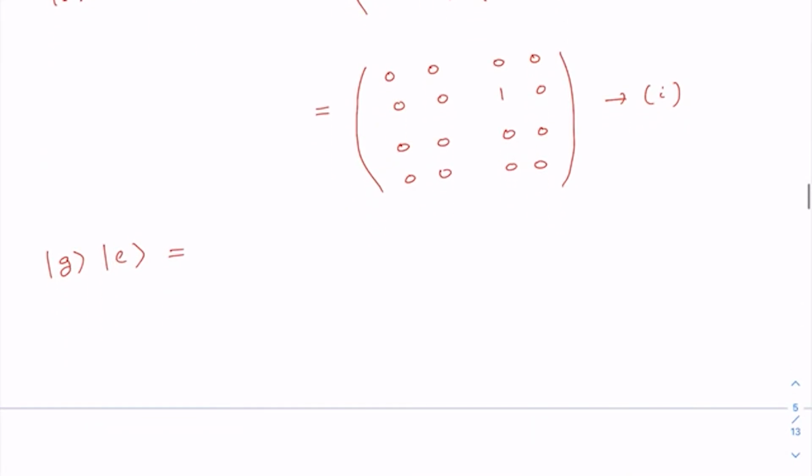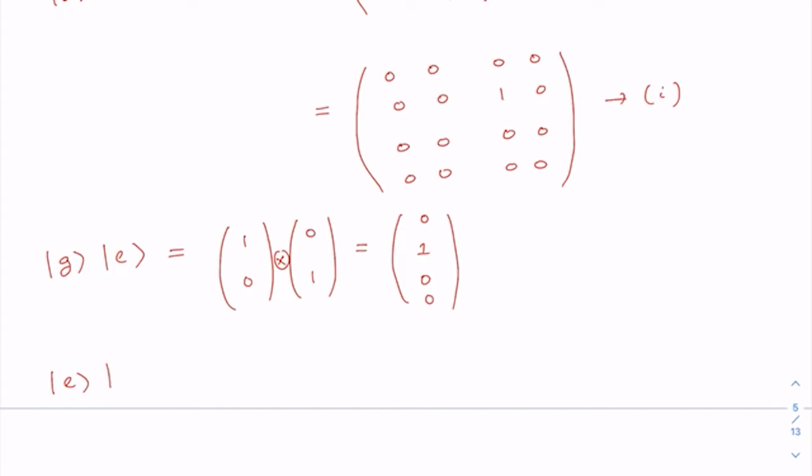Ket z ket e would be, ket z is 1 0, ket e is 0 1. So its tensor product would be 0 1 0 0, and ket e ket z, the tensor product again, ket e is 0 1, ket z is 1 0.